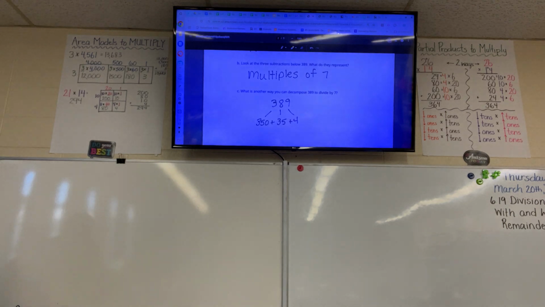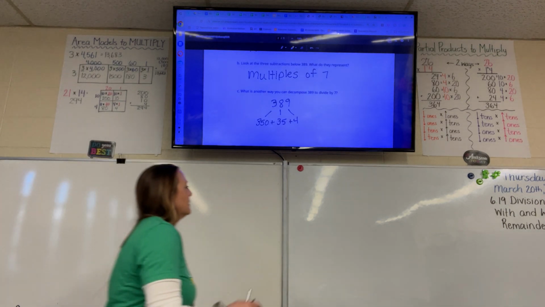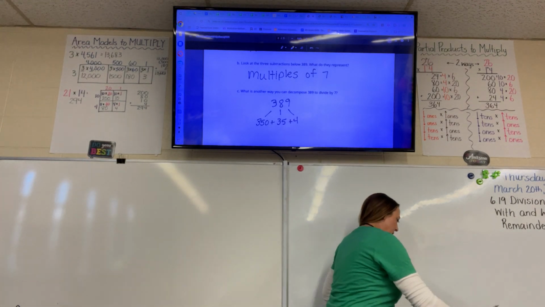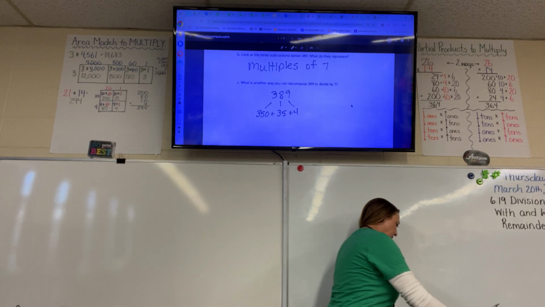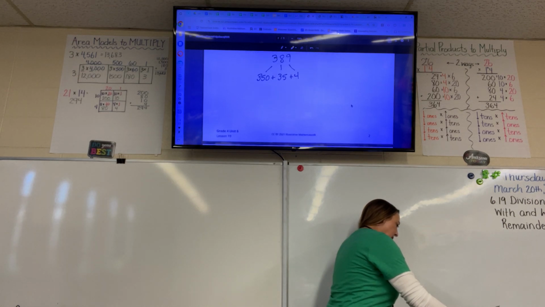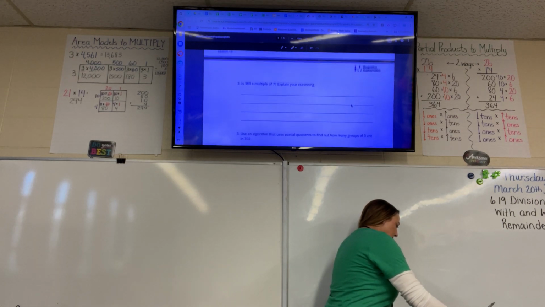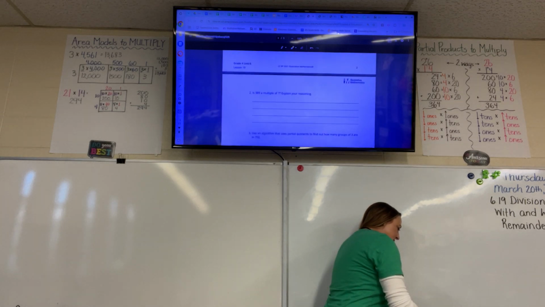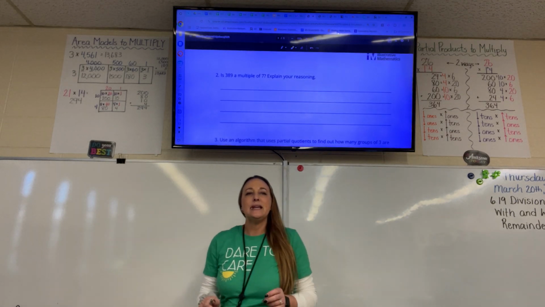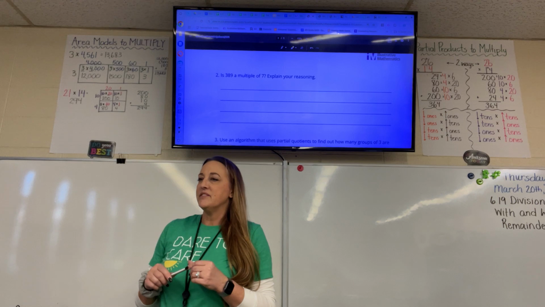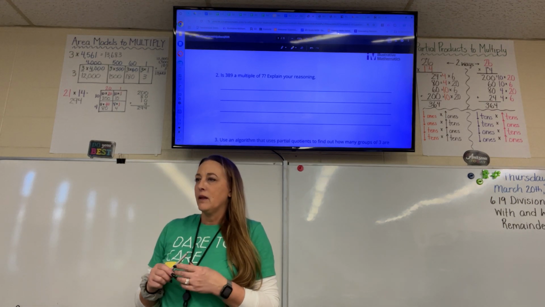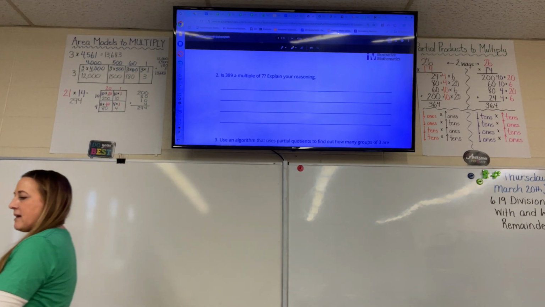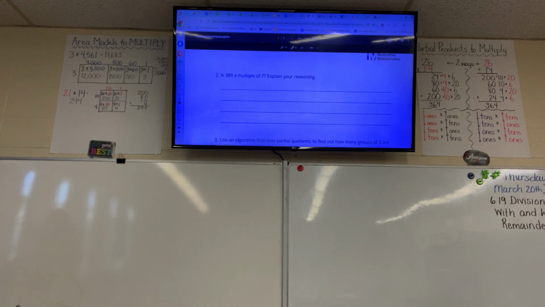Then you can turn the page after you copy down what we split 389 into. Okay, the next question says, is 389 a multiple of 7? If we're counting by sevens, will we eventually say 389, Jackson?